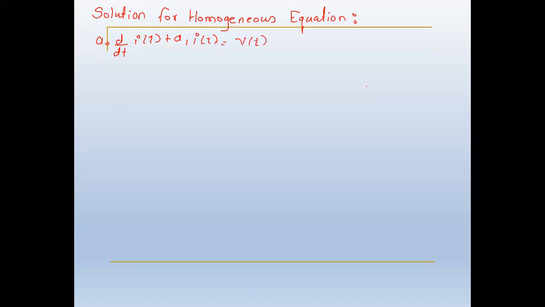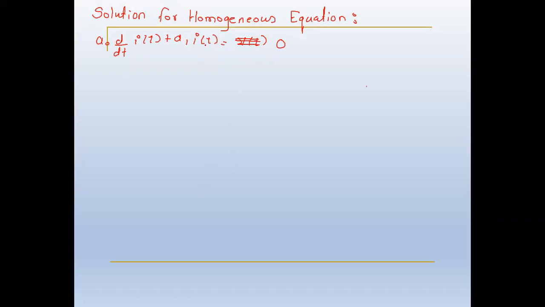Now the solution of this homogeneous equation means we have to obtain the equation of I of t. Here this term V of t must be 0 because it's a homogeneous equation.